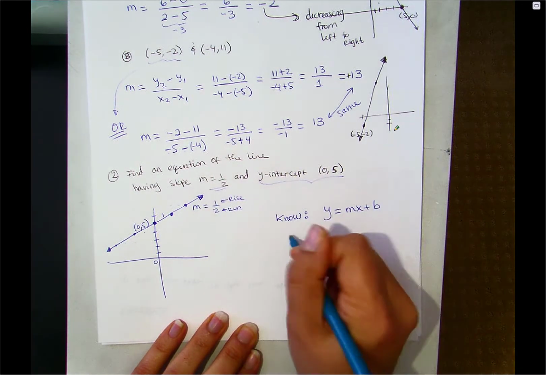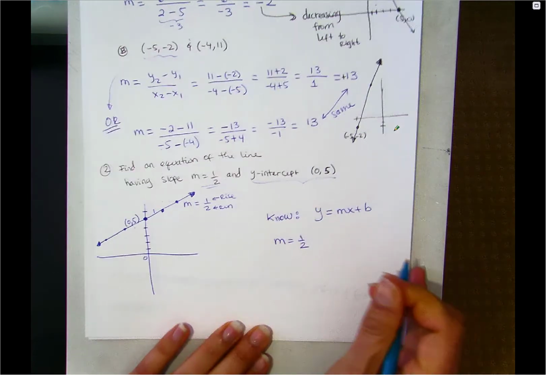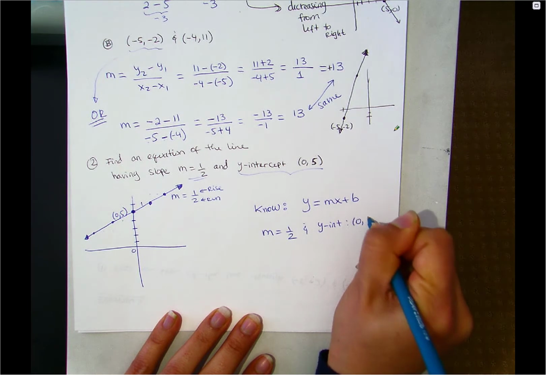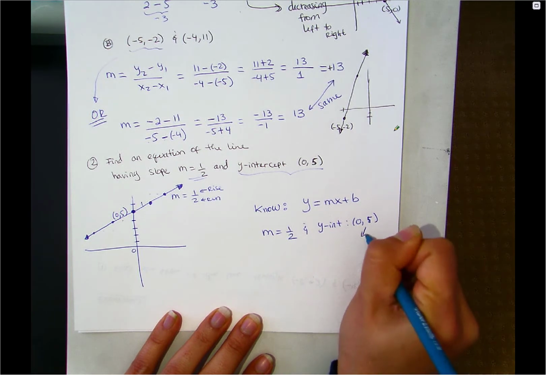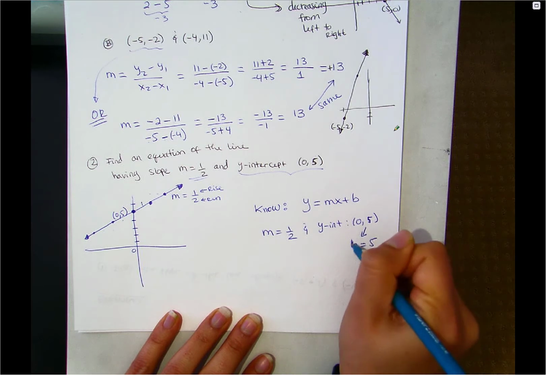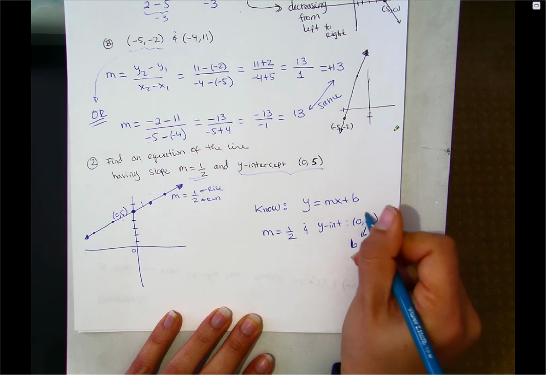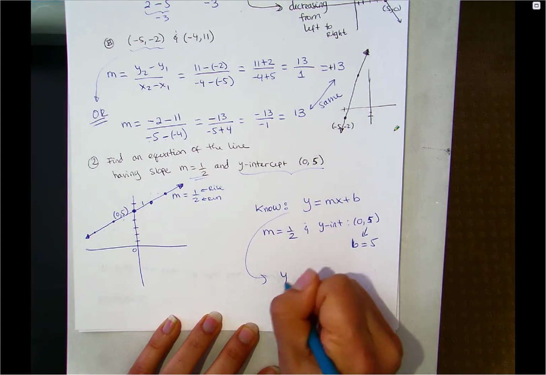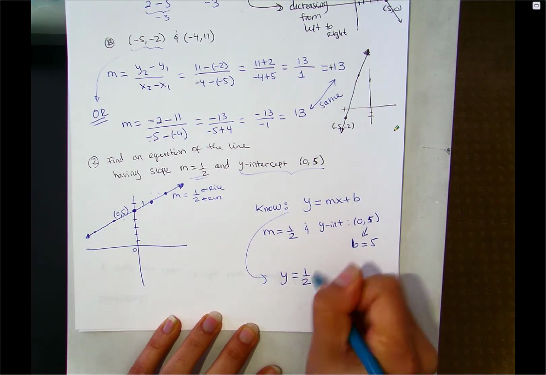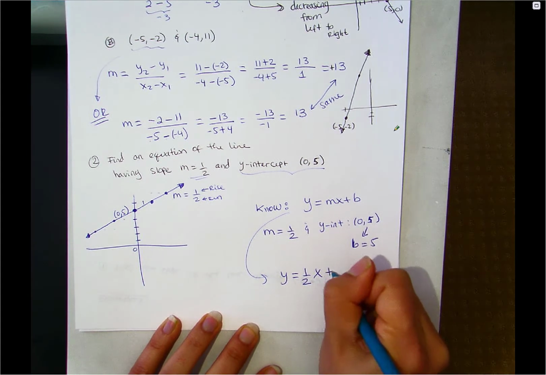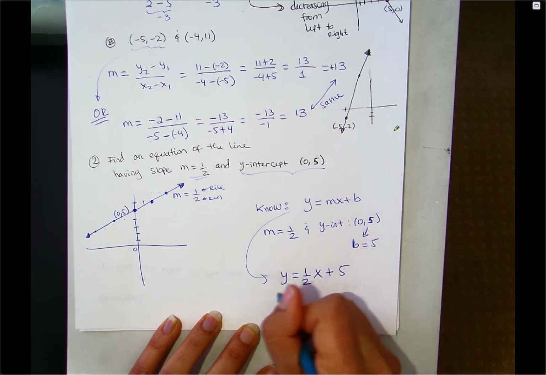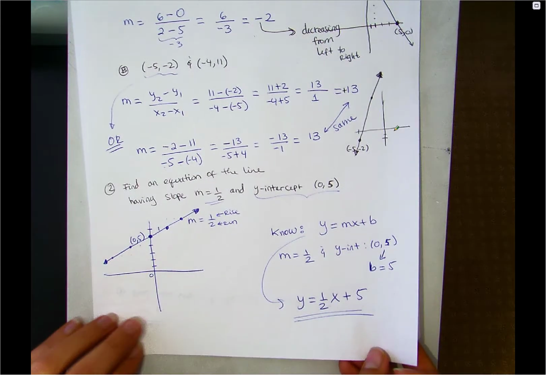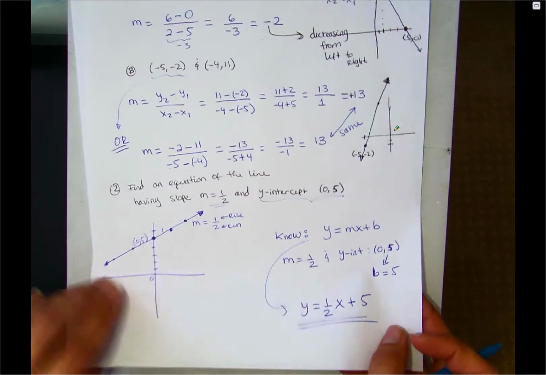We're given m is 1/2, and the y-intercept is (0, 5), so b equals 5. The y value of your y-intercept point is the b. So I can say y equals 1/2 x plus 5, and that's it. If I have the y-intercept, finding the equation of a line is pretty nice.